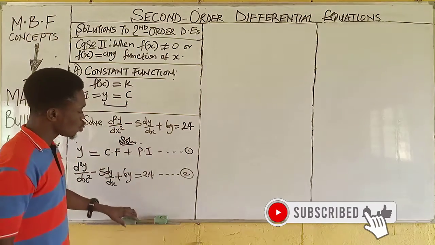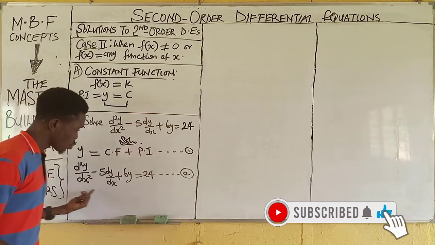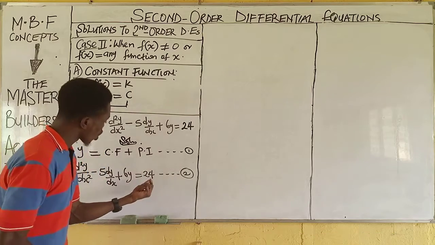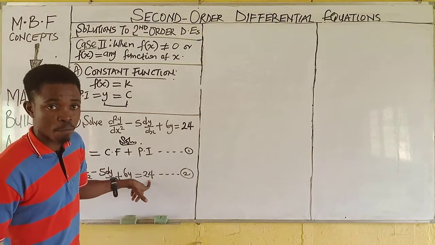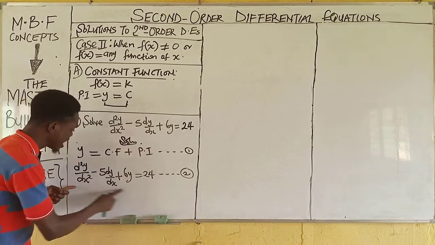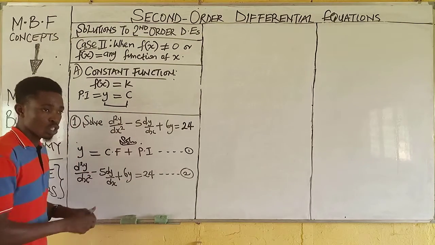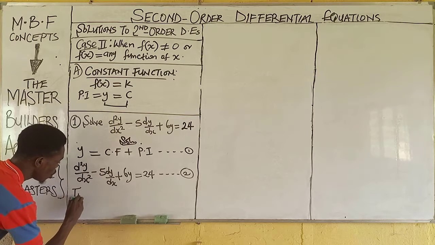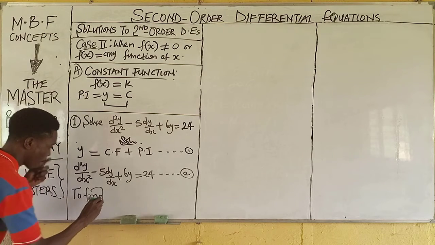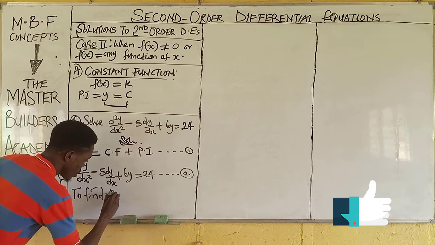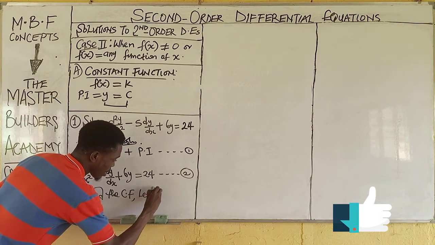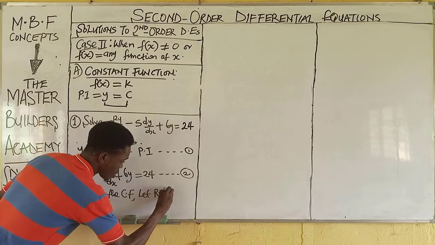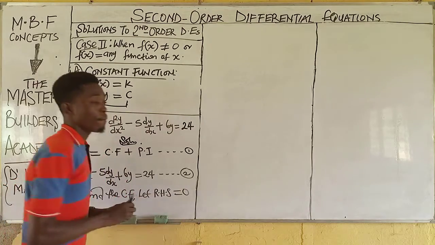Now, from equation 2, this is the given equation, right? For us to be able to get the complementary function from here, we need to first of all take this 24 as 0. We need to first of all equate the left hand side to 0. So what we do is, to find the complementary function, let the right hand side be equated to 0.